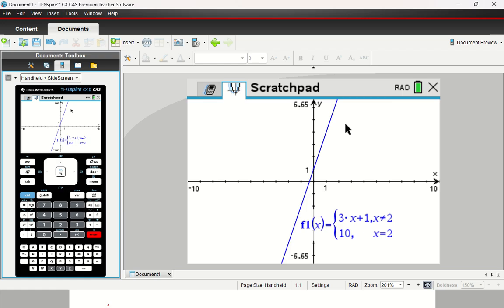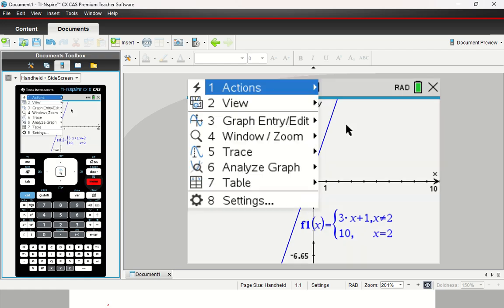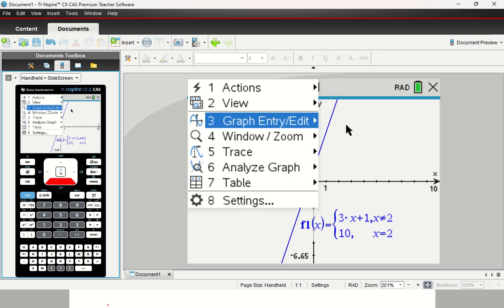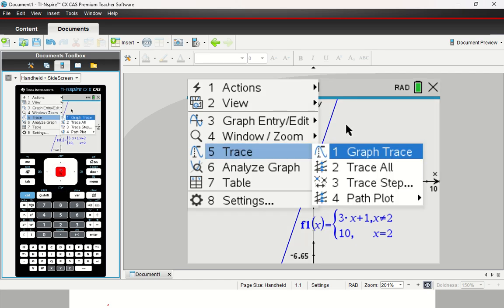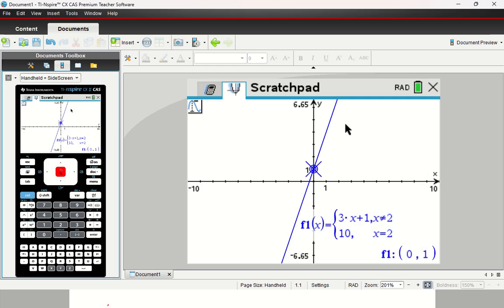I need to turn on trace. Menu, Graph Trace, right here. Once I put that on, now I can actually start evaluating at any number. So we want the number 0, just hit the number 0, and it brings up an x equals box. Enter. There we go.